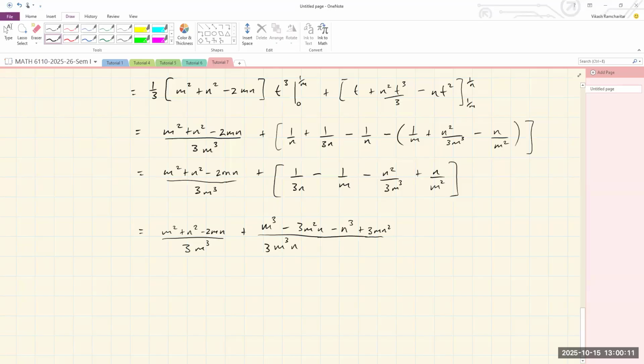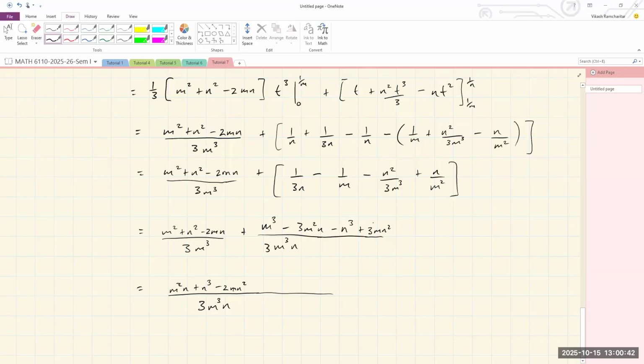Okay. Right, so let's combine everything now. 3, and hopefully I didn't make a mistake. 3mn LCM. So this will still multiply everything by n. So m squared n plus n cubed minus 2mn squared.